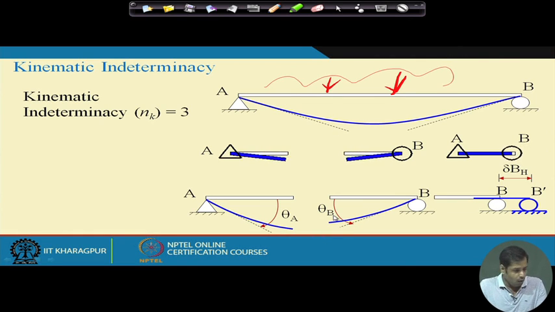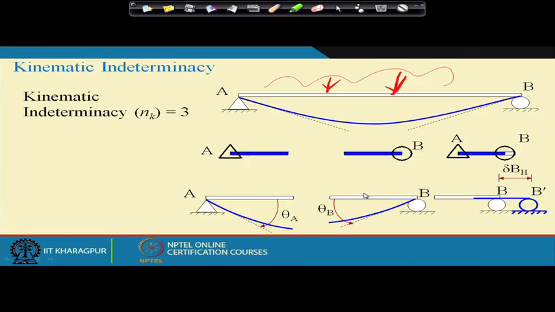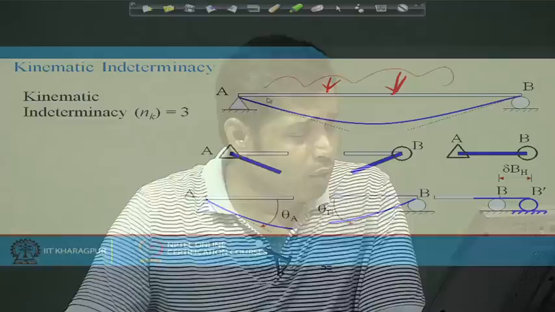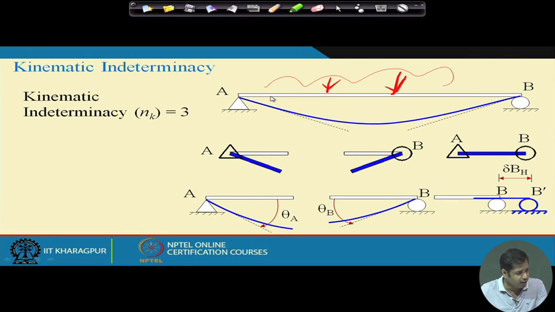What does it mean when we say that joint A can rotate and joint B can rotate? What is the effect on the deformation of the structure? Because joint A can allow rotation and joint B can allow rotation, the deformed shape will be like this.